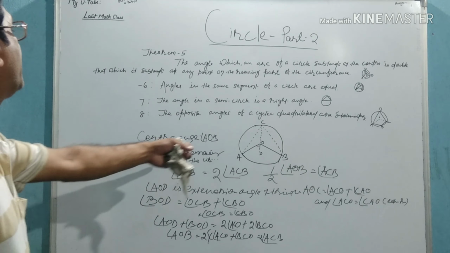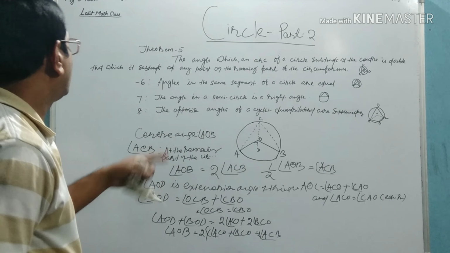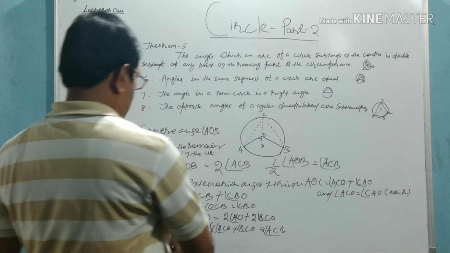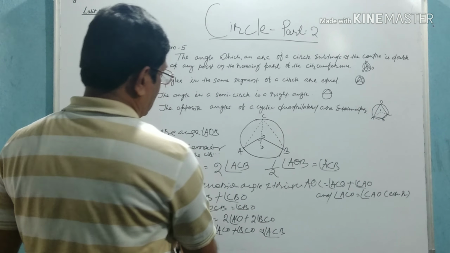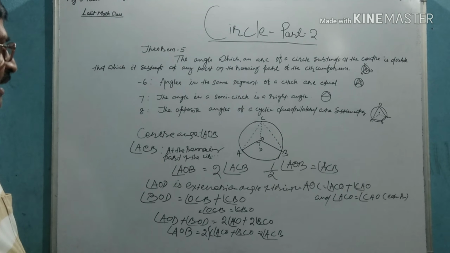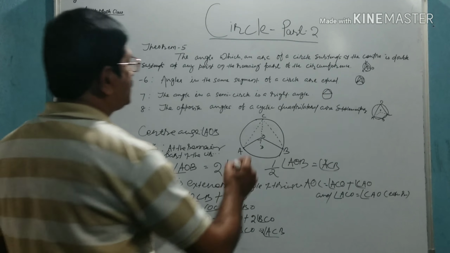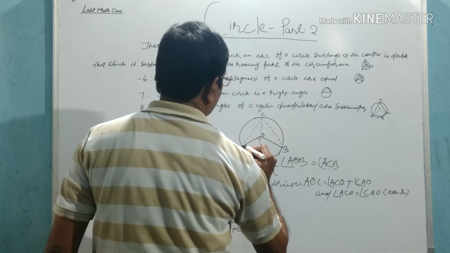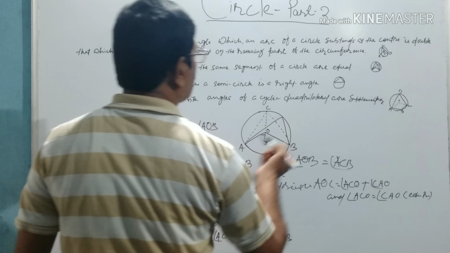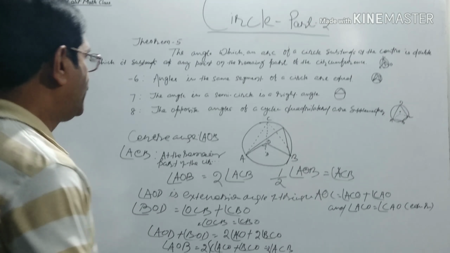Now we were asked to prove that the center angle AOB equals 2 ACB, and finally we have proved it. And if you draw an angle of a different type, in a similar way you can also prove it.